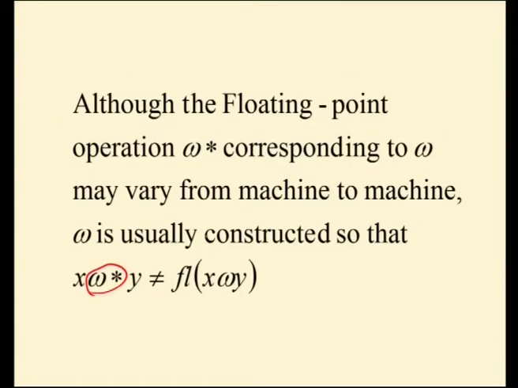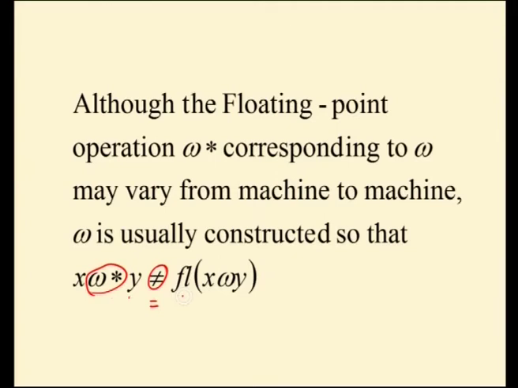See, we take x omega star y, that is floating point multiplication of x and y, is equal to the floating point representation of the multiplied result of x and y.